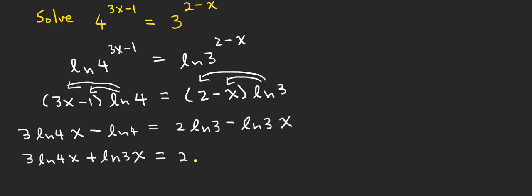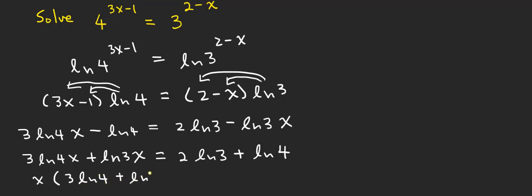So you get 2 natural log of 3 plus natural log of 4. Now I'm going to factor out x over here. So you end up getting x times the quantity 3 natural log of 4 plus natural log of 3 equals 2 natural log of 3 plus natural log of 4.